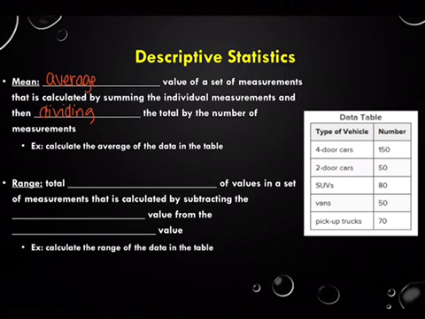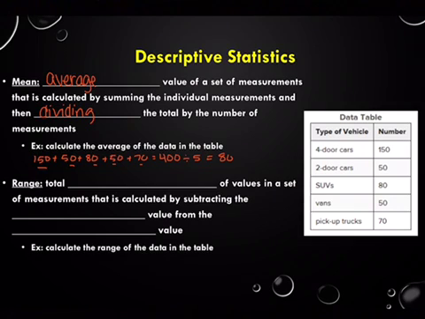So, for example, if we were to calculate the average in this data table over here, we'd take 150 plus 50 plus 80 plus 50 plus 70, and we would get 400. And then since there are 1, 2, 3, 4, 5 measurements, we would divide 400 by 5 and get an average of 80.